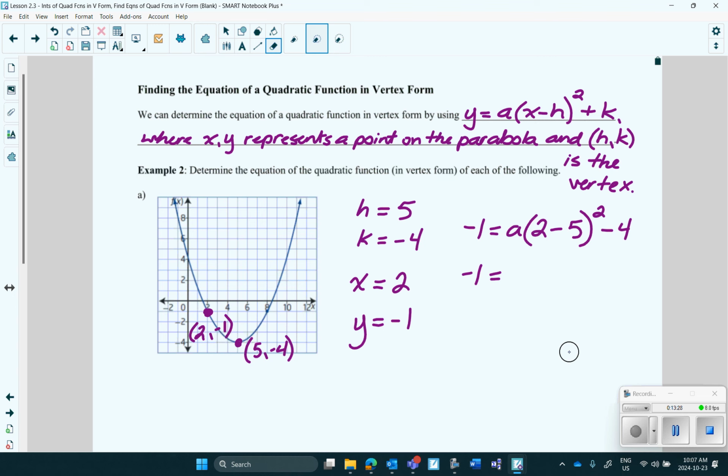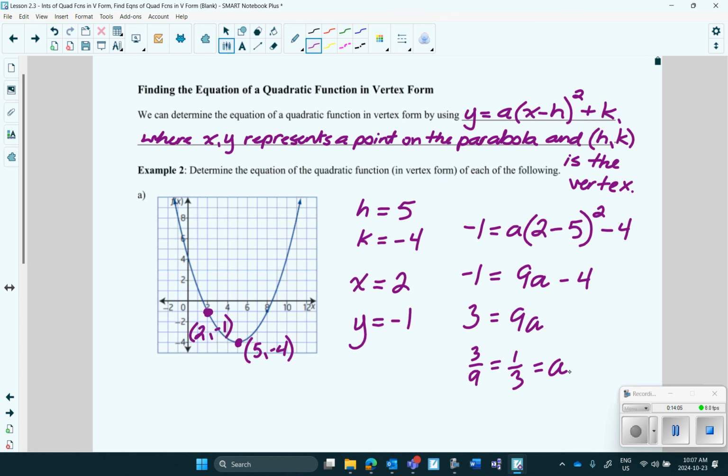So this is a times 9, or just 9a. We should be able to solve from here. What's the next step? To get a by itself? Yeah, add 4. Get rid of this. Add 4 to both sides. Then divide by 9. So I get 3/9, or 1/3, is equal to a.